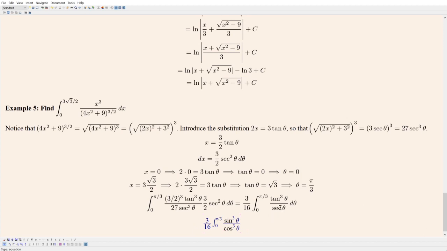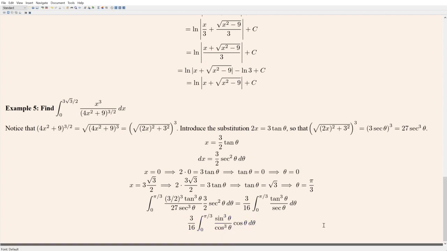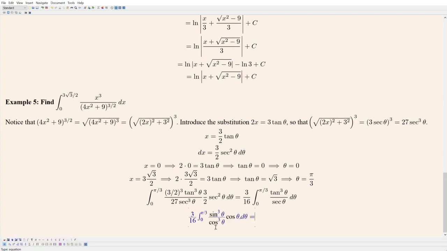As for secant, well, secant is 1 over cosine. So here we have 1 over 1 over cosine. So that's just cosine. Now one of these cosines cancels, so this goes away, and on the bottom we have cosine squared.